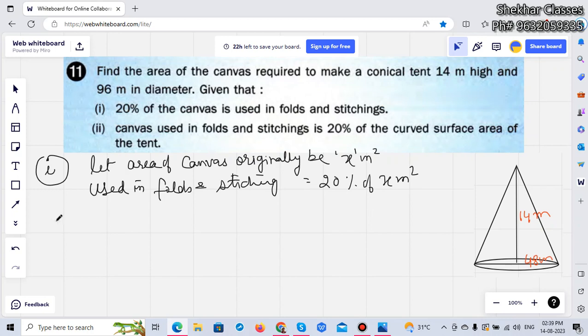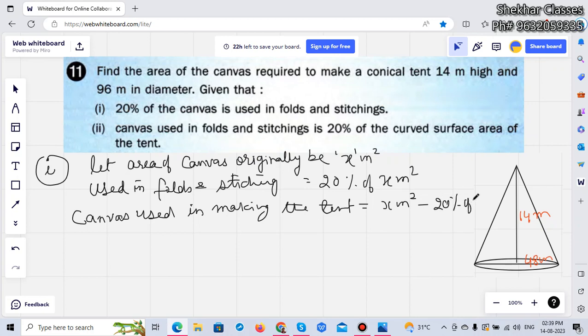So the canvas used in making the tent will be X meter square minus 20% of X meter square. Fine. And this is nothing but the curved surface area.